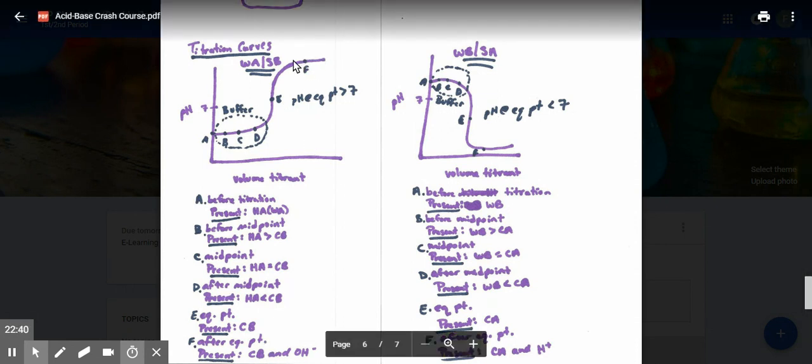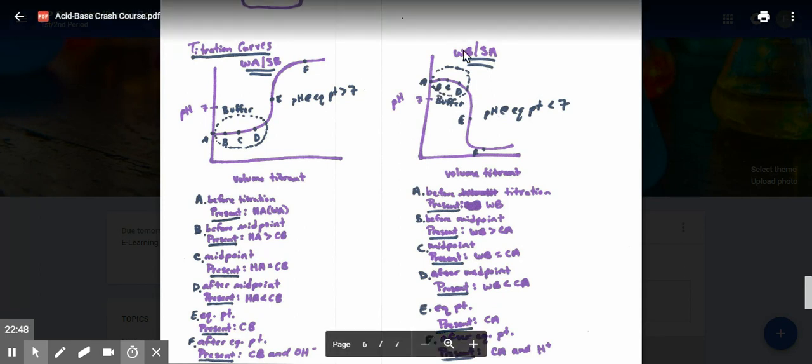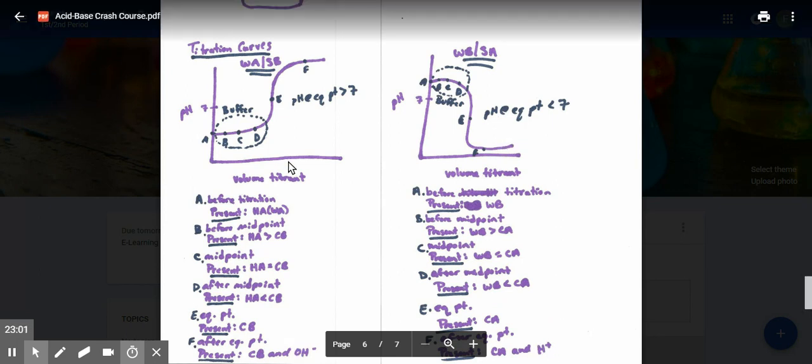After the equivalence point, we have some conjugate base there because that hasn't gone away, but we also have some OHs floating around. Notice that the weak base, strong acid titration curve is similar, except you're working with weak base, going to conjugate acid, and all that good stuff. Here you have some H pluses floating around instead of here OHs. So make sure that you guys know the parts of the titration curve.